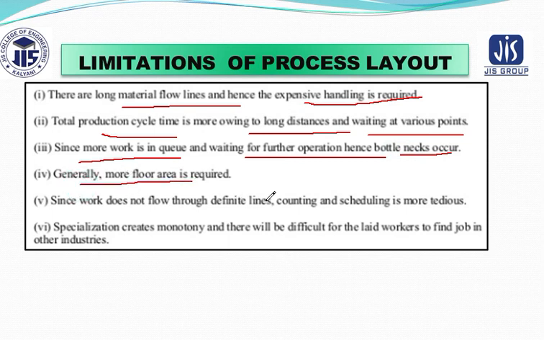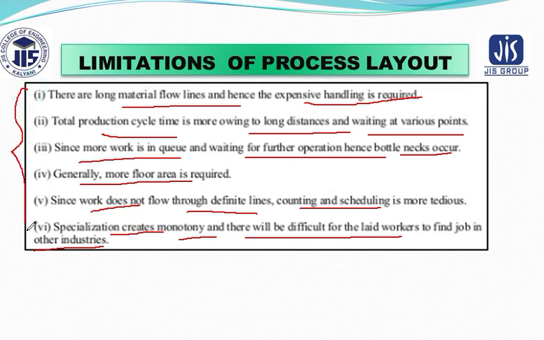Generally, more floor area is also required, and since work does not flow through a definite line, counting and scheduling is more tedious. And finally, specialization creates monotony, and it will be difficult for the lead worker to find a job in another industry. So these are the various limitations associated with process layout.